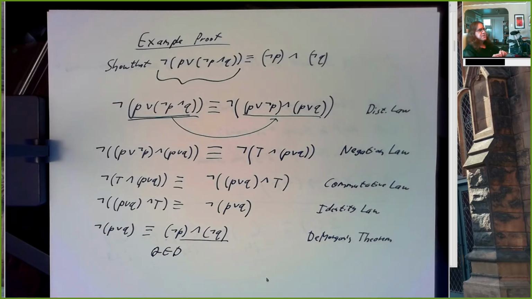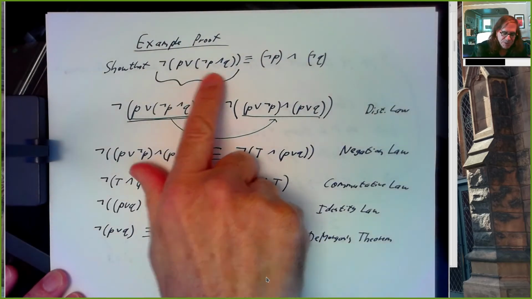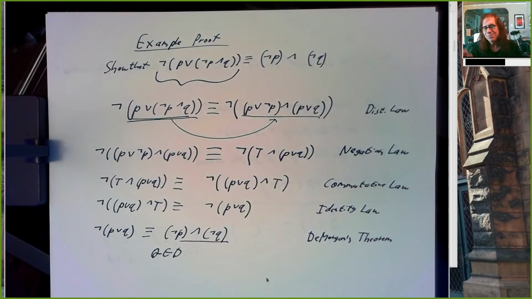Someone just asked if we have something where one proposition is not equal to the other, how would we prove that? You may be able to prove it by finding a counterexample. If I could find particular values of P and Q for which this was not the same as that, I'm done. One example is enough to show that this is not logically equivalent.